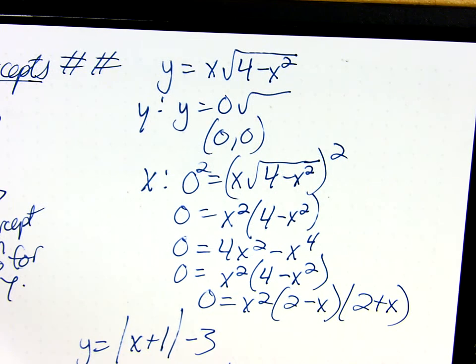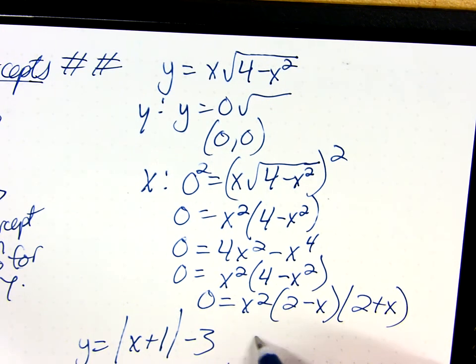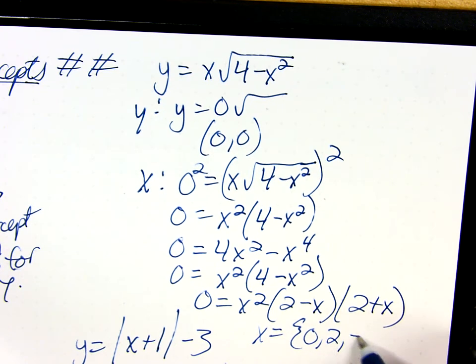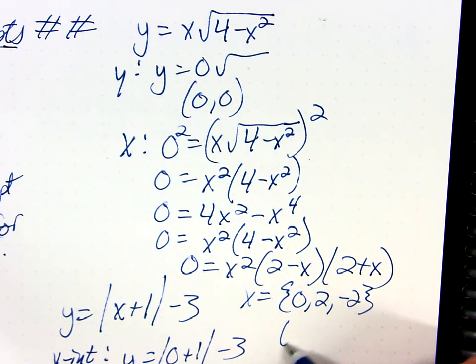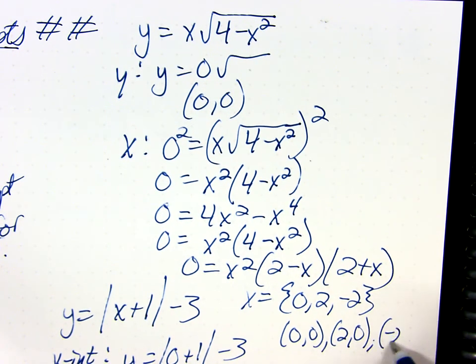Now that I have it fully factored, I can set each factor equal to 0. That means this thing is going to cross the x-axis at 0, positive 2, and negative 2. Do you see that? So all of my x-intercepts are at 0, 0, 2, 0, and negative 2, 0.